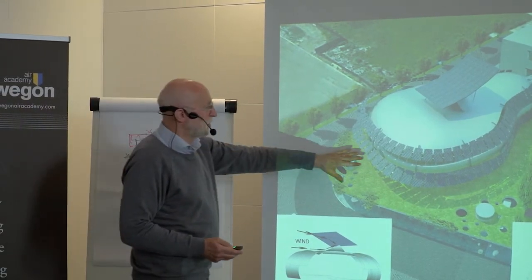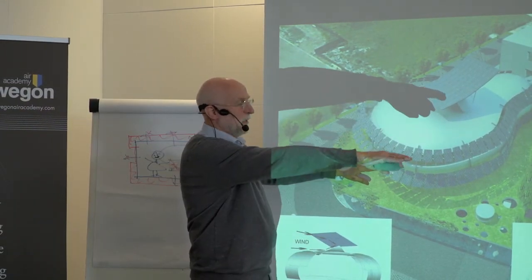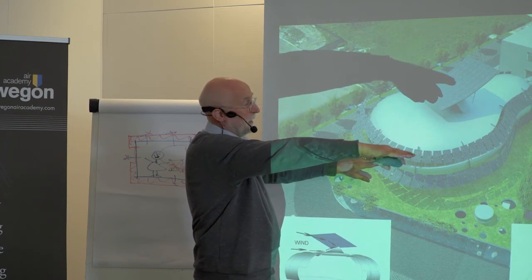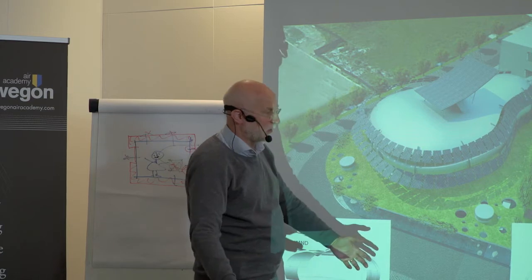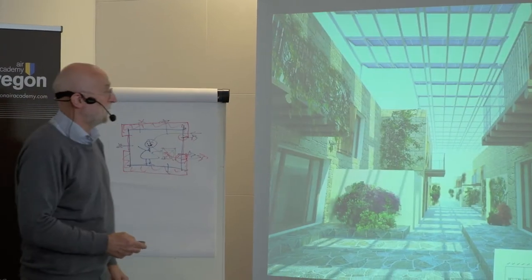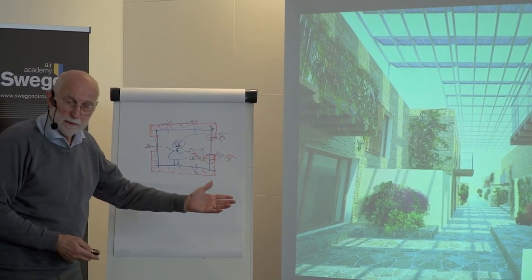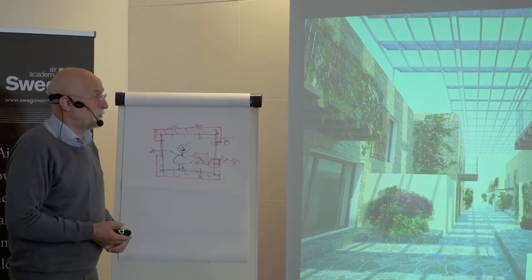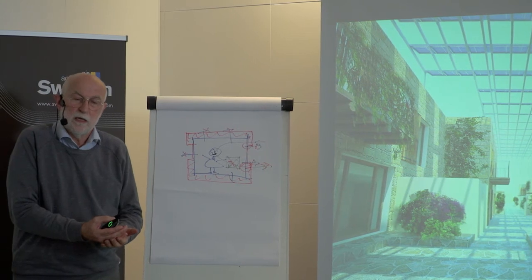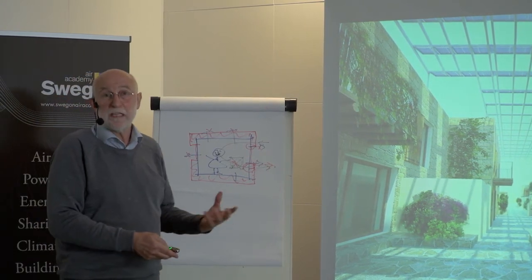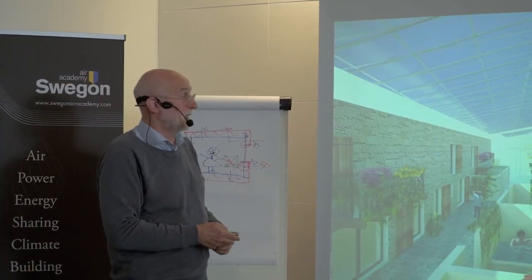Since the sun is high in the south, the screens are like this. In the east and west, they are more down because the sun is not so high up. Or in southern countries where it's very hot, for a project in Cyprus, PV is not just producing energy, it's also producing shadow, which is a value in a hot climate.